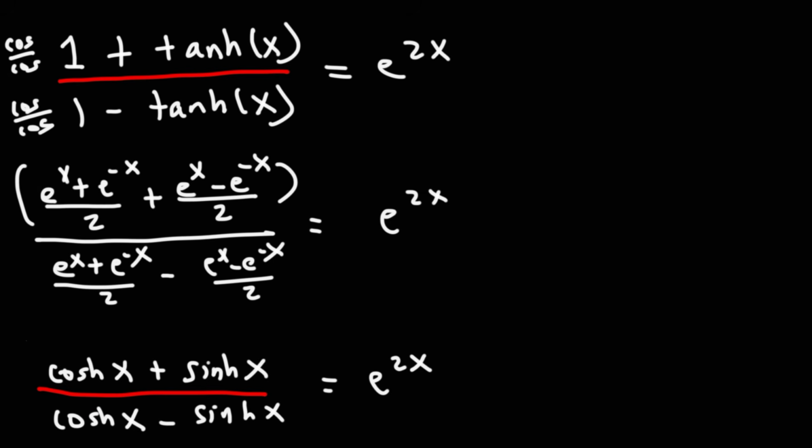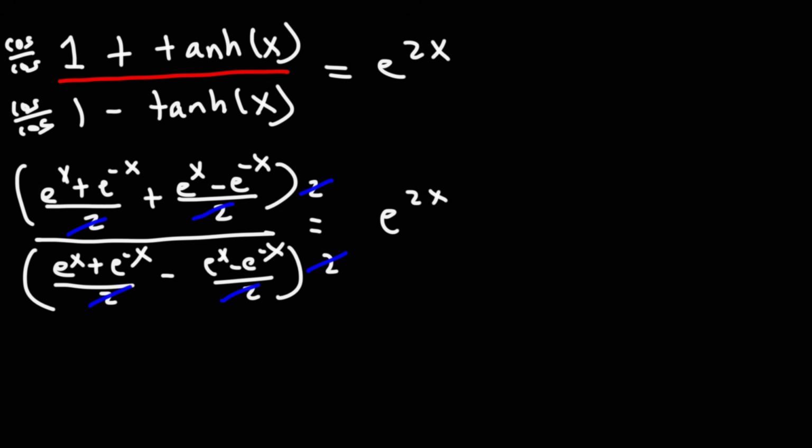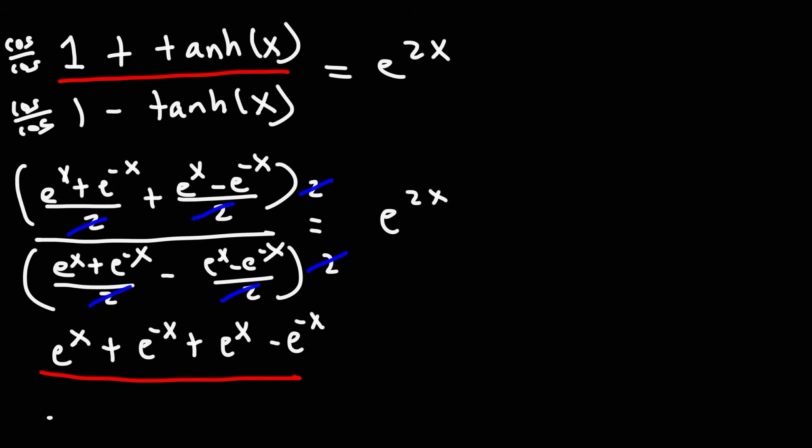So multiplying the top and bottom by 2, all the 2's will be canceled. So that's what we have in the numerator, and in the denominator we have e to the x plus e to the negative x. Here we need to distribute the negative, so it's negative e to the x.